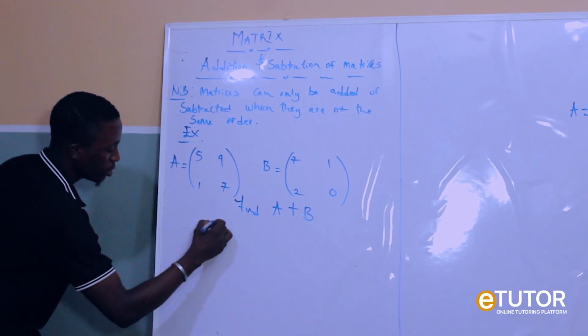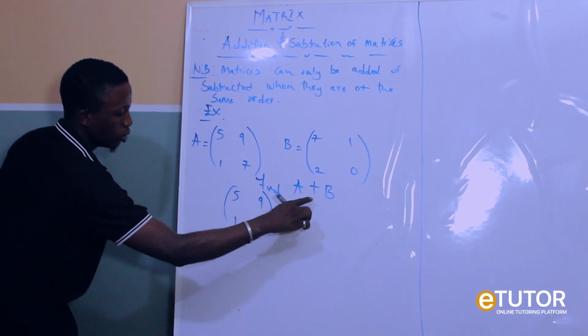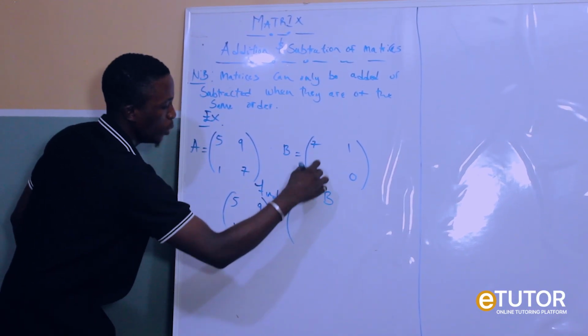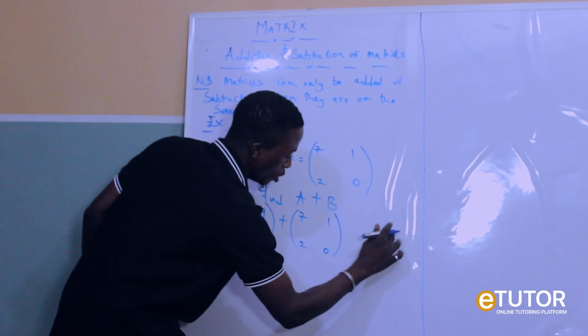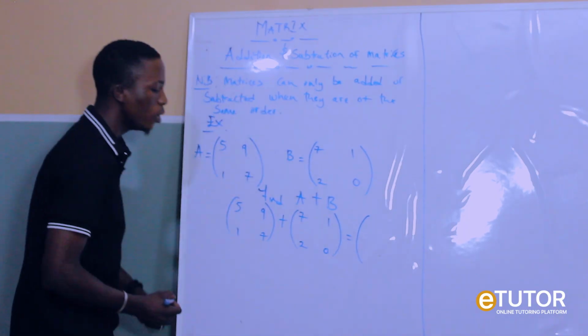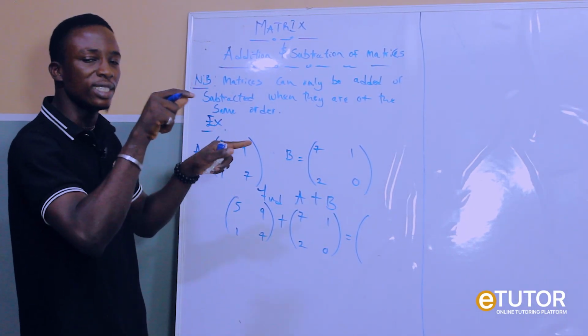So matrix A is 5, 1, 9, 7. We are supposed to add it to matrix B, which is 7, 2, 1, 0. Now, to add matrices, you have to add the corresponding elements inside the matrix.